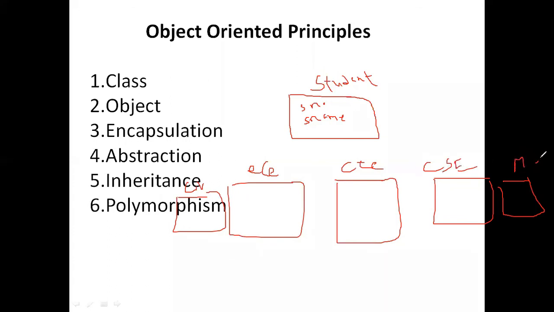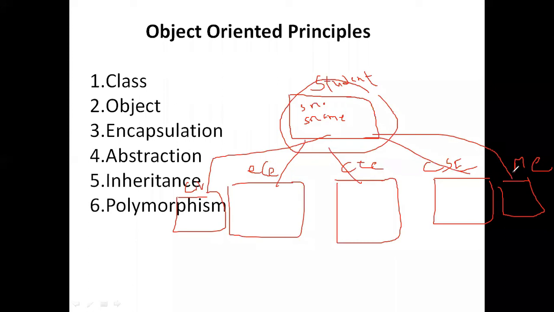and mechanical. Now, instead of defining the student class in all these classes, I create one student class and inherit it in all the classes. So this concept we call inheritance. What is inheritance? Acquiring the properties of one class into another class. This class we call the parent class.